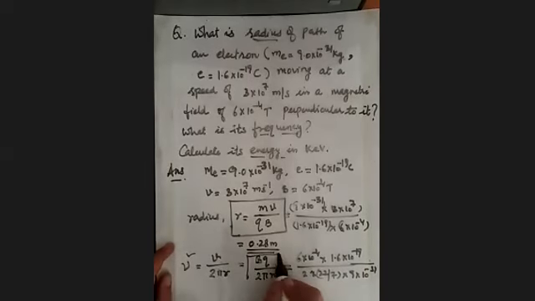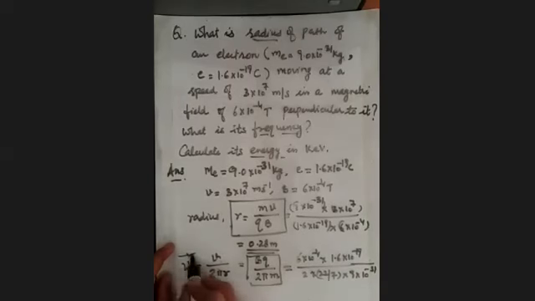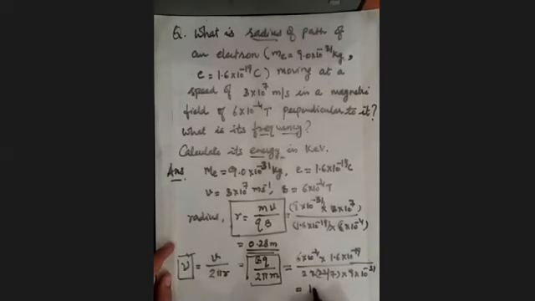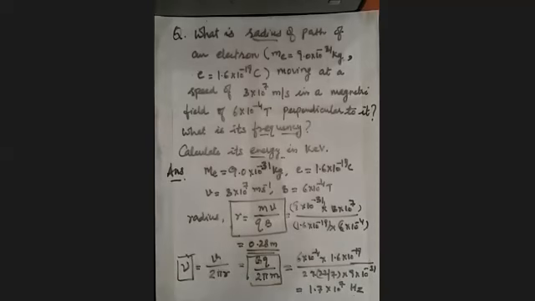This is the expression for calculating the frequency of a charged particle in a magnetic field, and the value comes to be 1.7 × 10^7 hertz. So that is the unit of frequency.